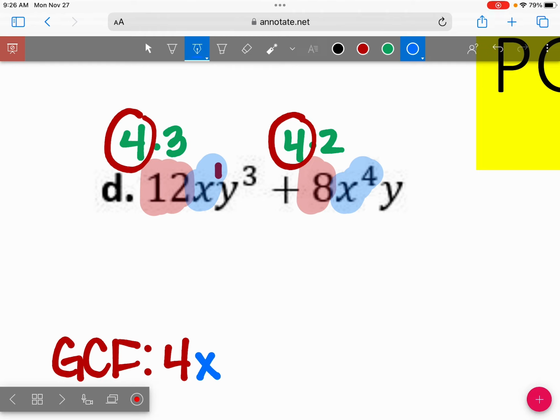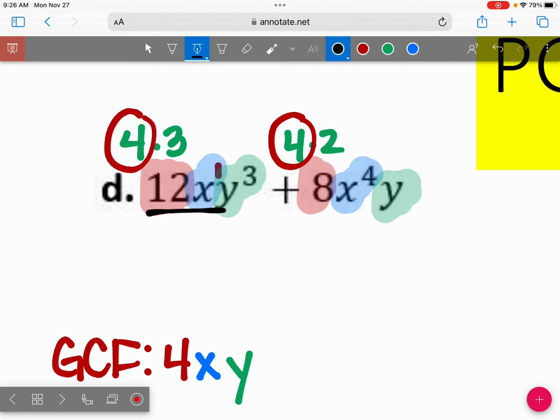So just x. And then we also have y's. And because they both have a y, we can take that out also. So y to the third, y to the first. What's my lowest exponent? y to the first, good. So we're going to take that out. So this is my GCF, 4xy.